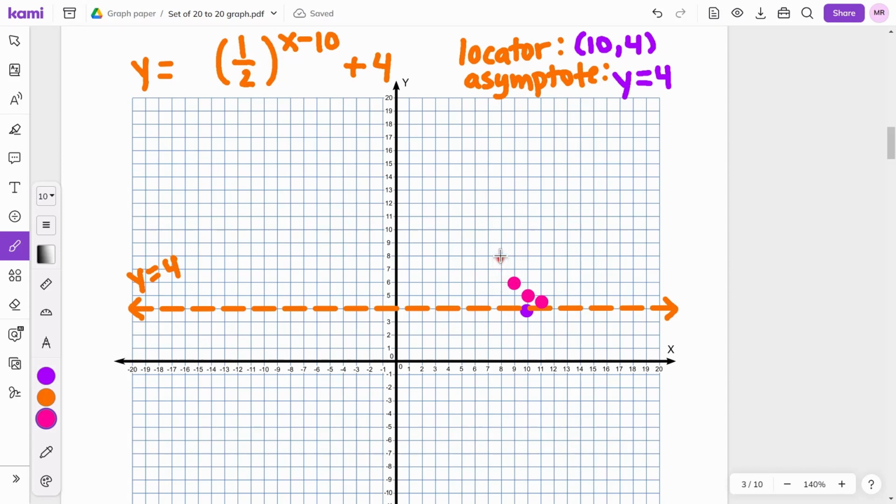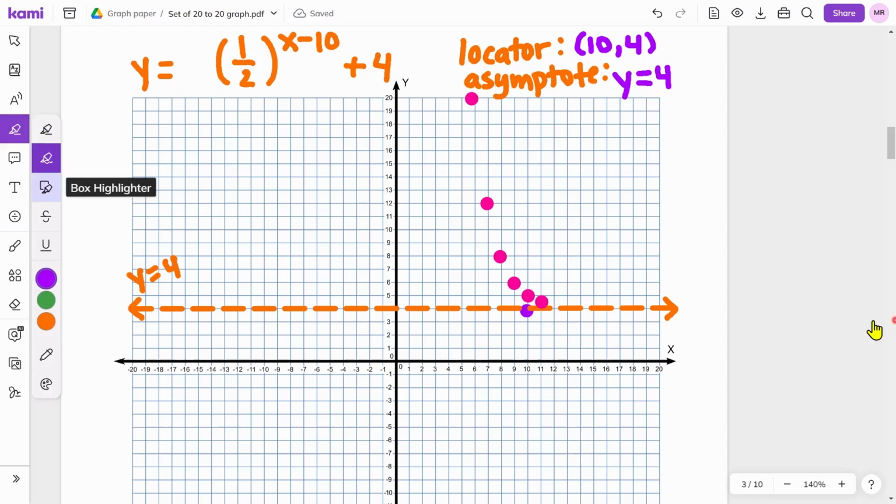But what you see is really happening is I'm going half and half and half as I go to the right, but as I go backwards to the left, I'm doubling. So if this is 4 above, my next one's going to be 8, and then 16. And that's going to be our graph. And you can see it's an exponential decay.